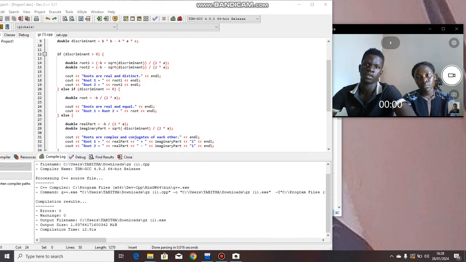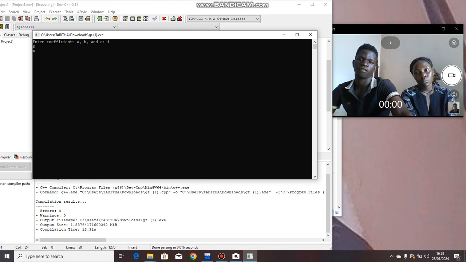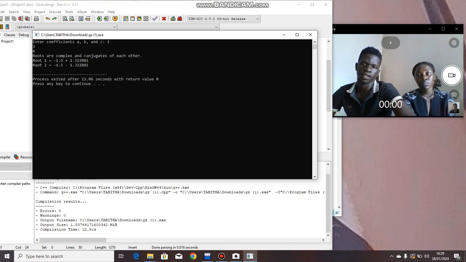So we can go on to seeing the imaginary ones, as you can run it again. So we can put 1, then we put a 3, and a 4. If I enter, you can see it's giving me imaginary values. It's saying roots are complex and conjugate of each other, as in our program.